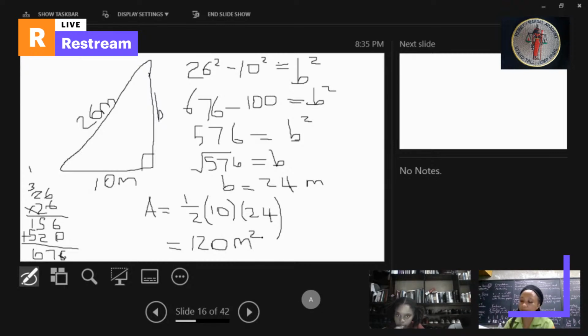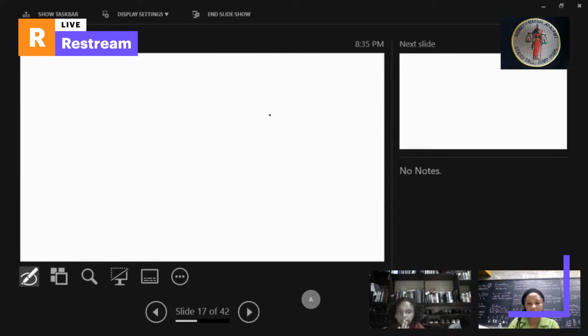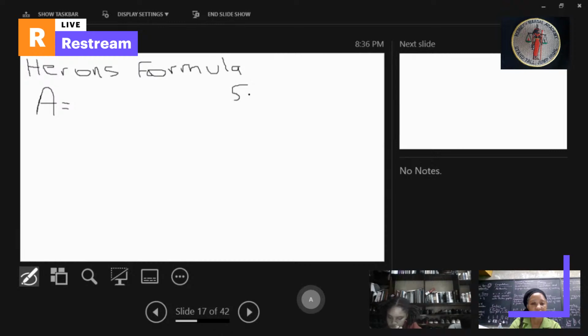All right. So now we're going to use Heron's formula. What does Heron's formula state? Do you remember? The area is equal to the square root of the semi-perimeter times the... So first, the semi-perimeter, how do we find that first?